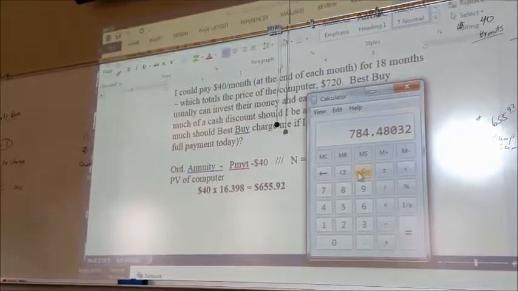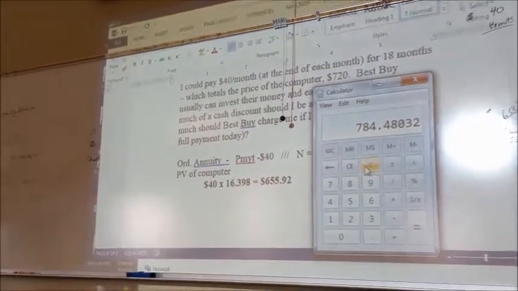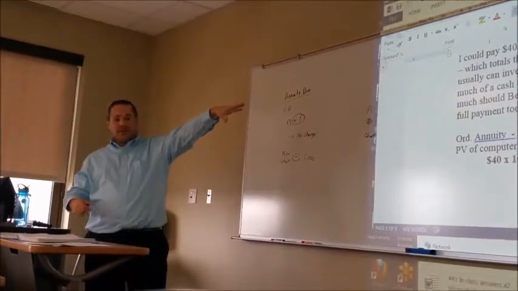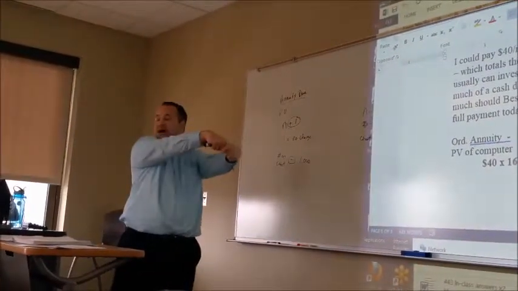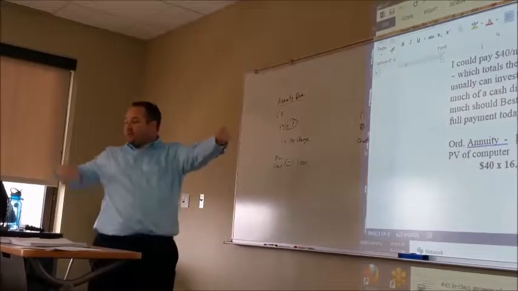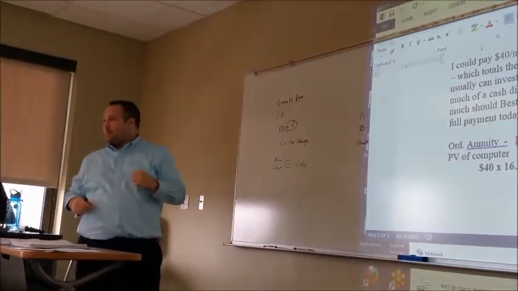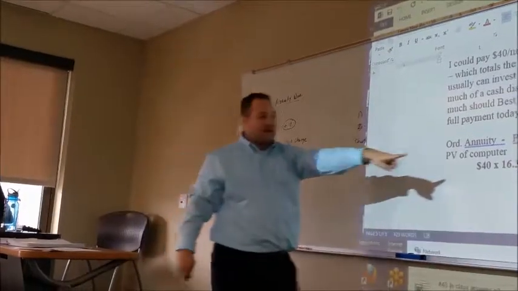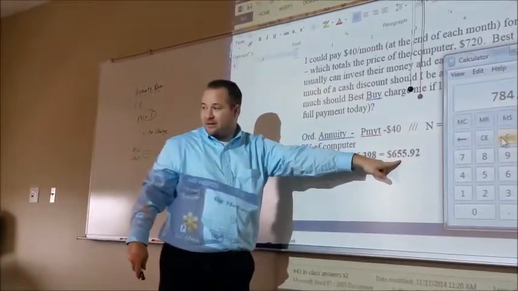If you buy something on credit, Best Buy gets money right now. HSBC Bank pays Best Buy a set amount, and then you pay HSBC Bank back. Now, Best Buy doesn't get $656 from HSBC Bank.